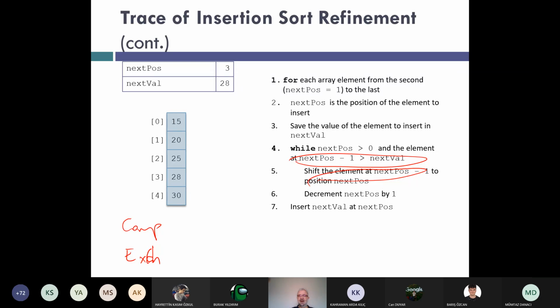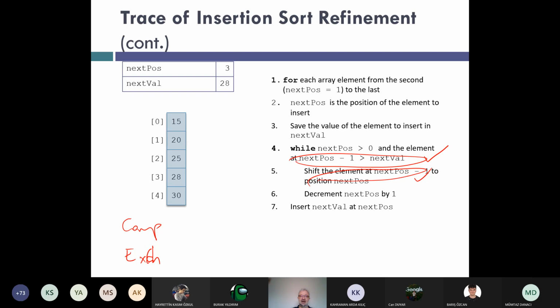Okay. How many times are comparison and exchange performed? It depends on the array, right? The elements in the array.